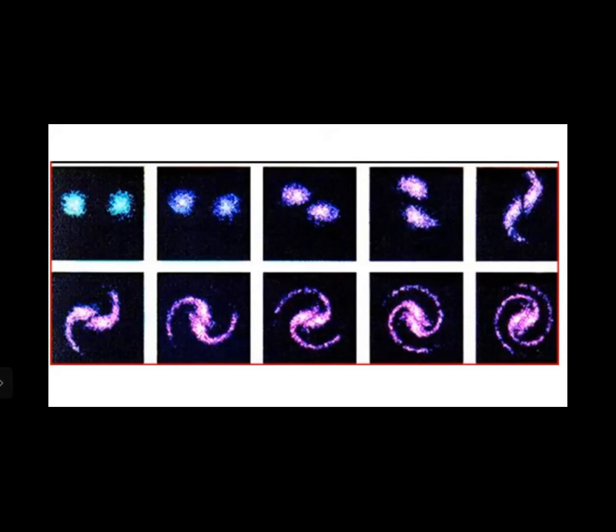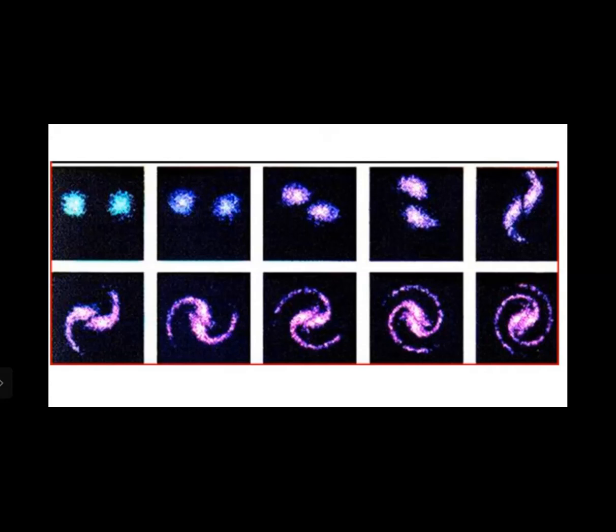It took between 1 and 2/10 of a second for these miniature galaxies to form. And the interesting thing is that the center of each of these miniature galaxies spins at the same rate of speed as the outside arms.